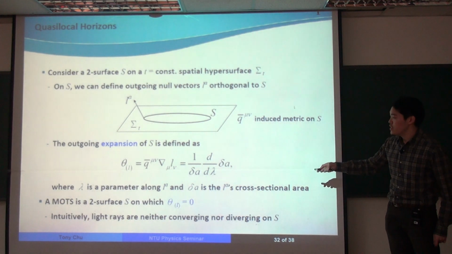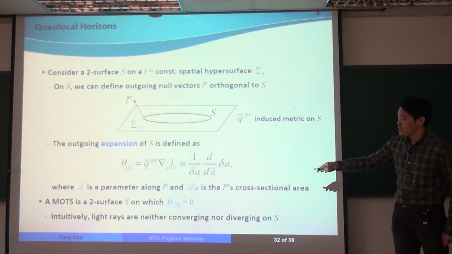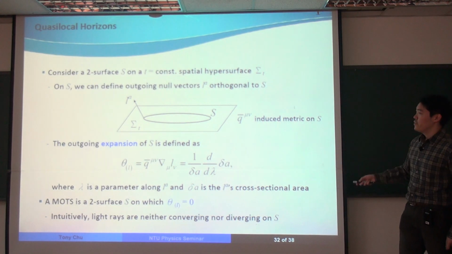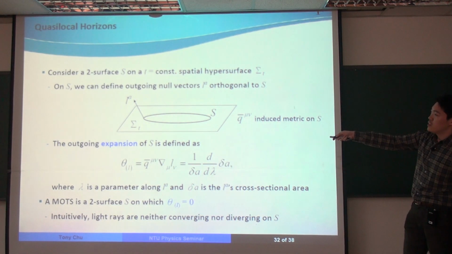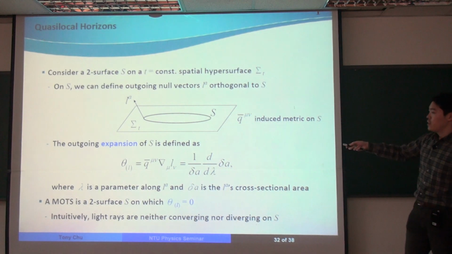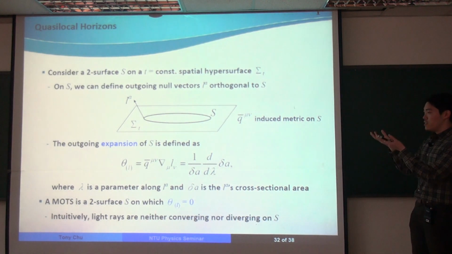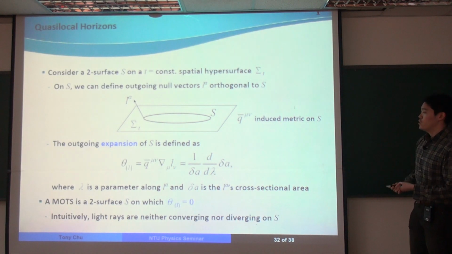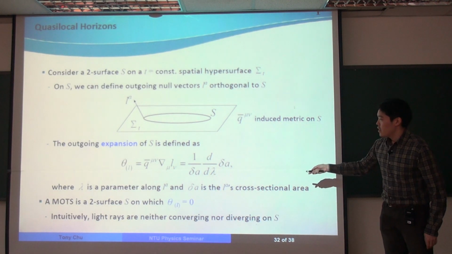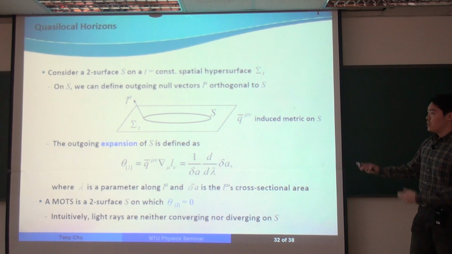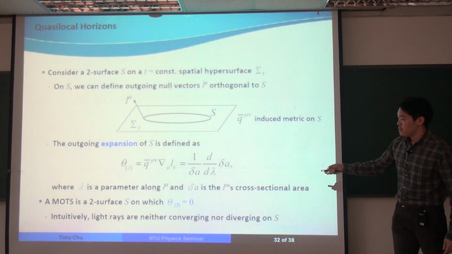But this is what's more important here: the physical interpretation of the expansion, which I call theta L. If you consider a set of outgoing light rays on S, that set of light rays has some cross-sectional area, which I call delta A. Along the direction of those light rays, there is a parameter lambda.